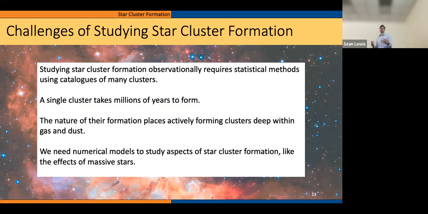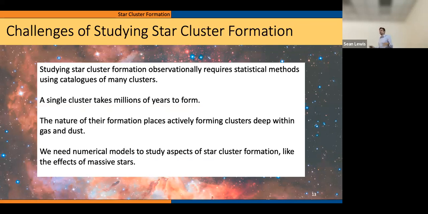If you're observing a single star cluster like Westerlund 2 that we were looking at before, you can take a Hubble image of it right now. You could take another one in 10 years, 100 years, and they're ultimately going to look like the same snapshot. The evolution of the entire lifespan of a star cluster takes place over millions of years. So it's really difficult to observe the entire formation process looking at a single cluster.